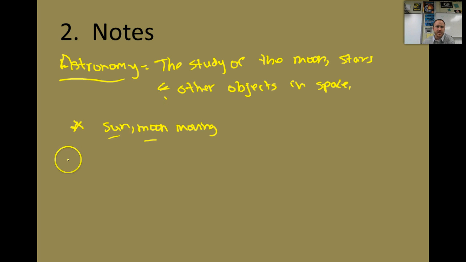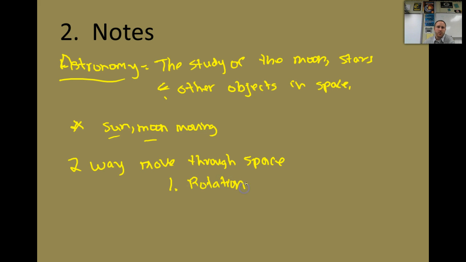And there are two major ways that we are able to move through space. The first one is basically rotation. We are constantly rotating. The second one is revolution. Those are the two ways that we're able to move through space. And we're going to look at each one of those a little bit closer here.